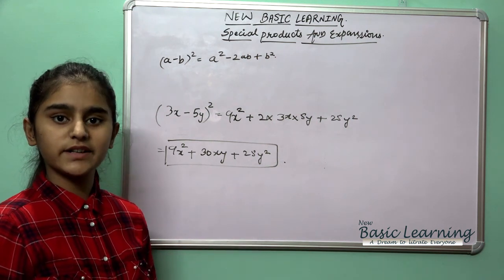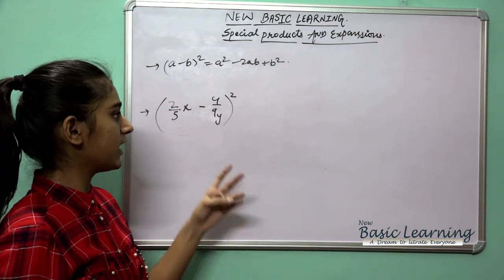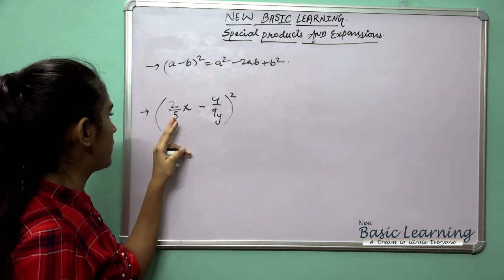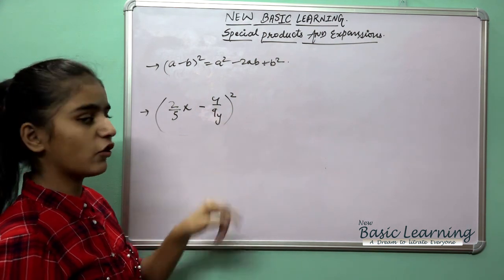Now I will take another example according to this formula. Now I have taken another question, that is (2 upon 5x minus 4 upon 9y) whole square.